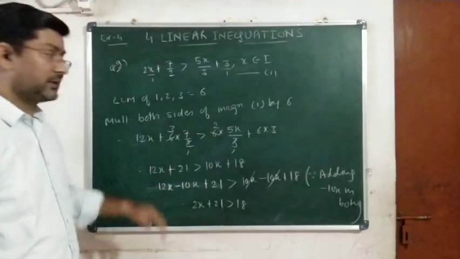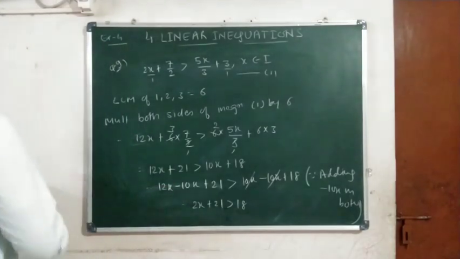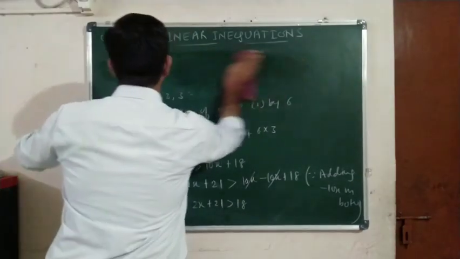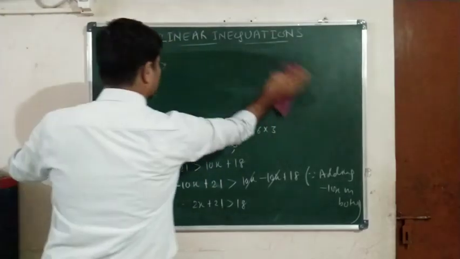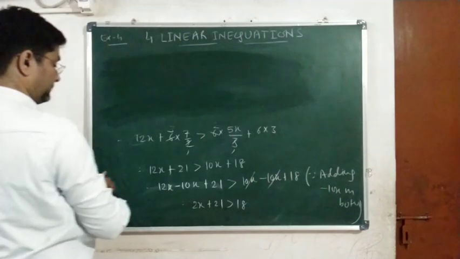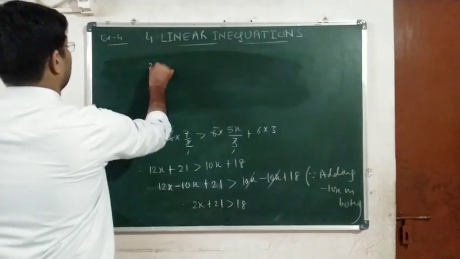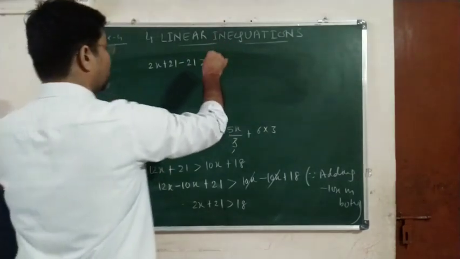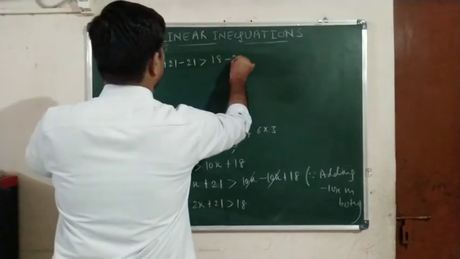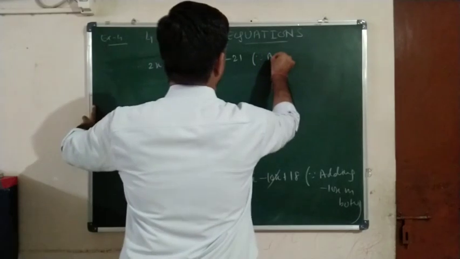Now let us add minus 21 on both the sides. Therefore 2x plus 21 minus 21 is greater than 18 minus 21.